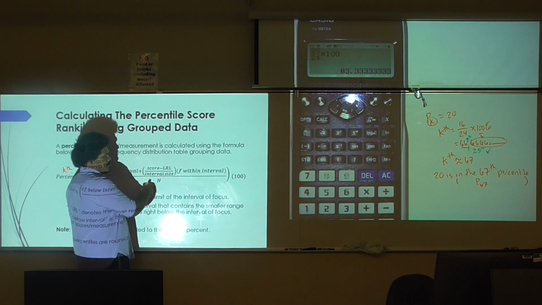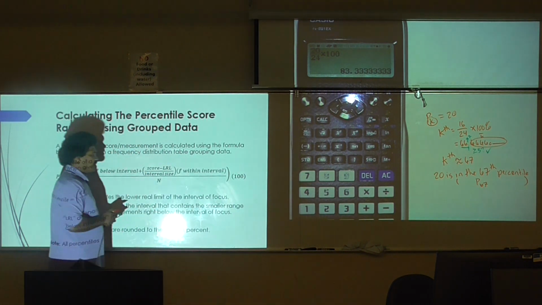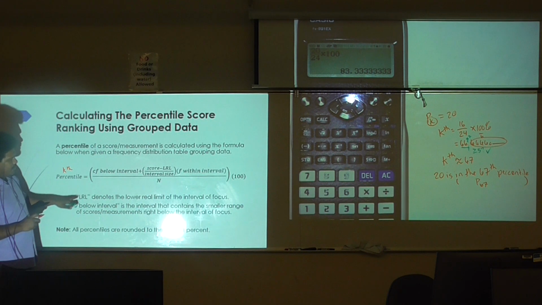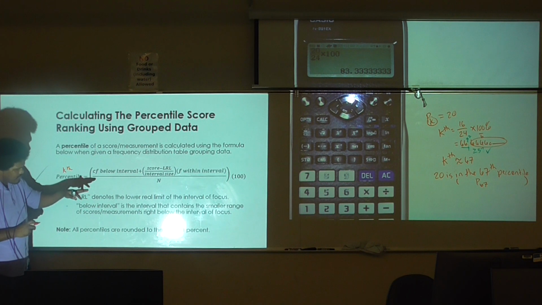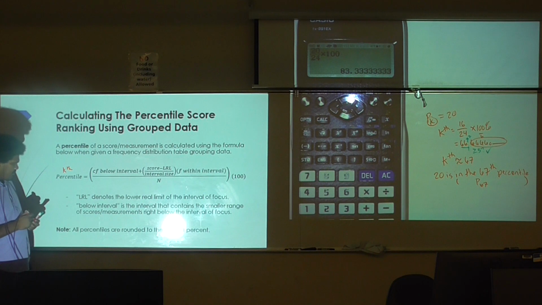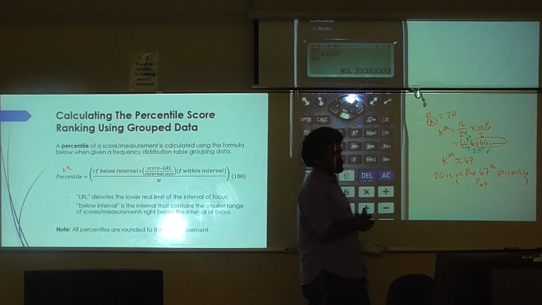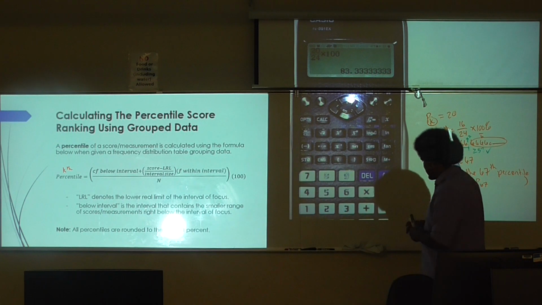Then N, which is the number of participants, and then we always multiply by 100%. That's what we're saying here. In text, the real limit is the lower limit of the interval, and the below intervals are the values right below. Always round the percentile to a percentage. Same thing happens consistently.